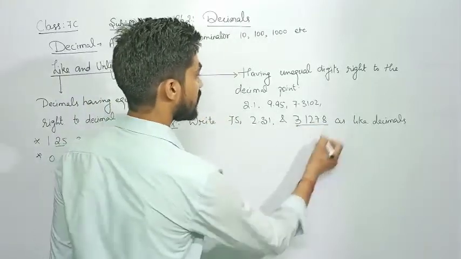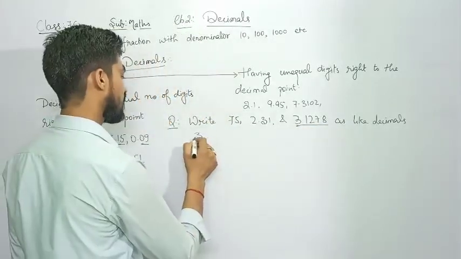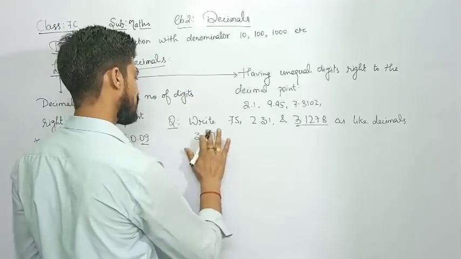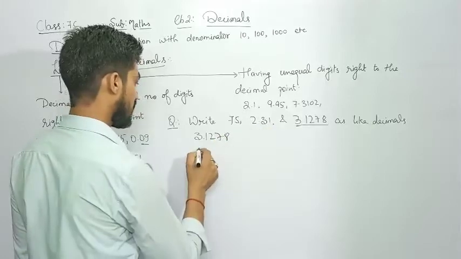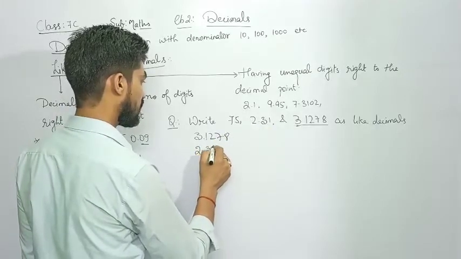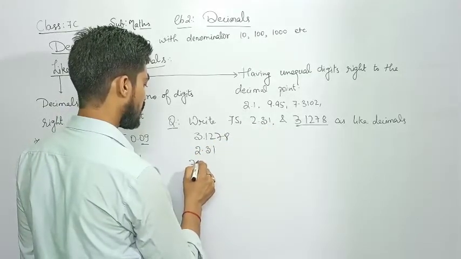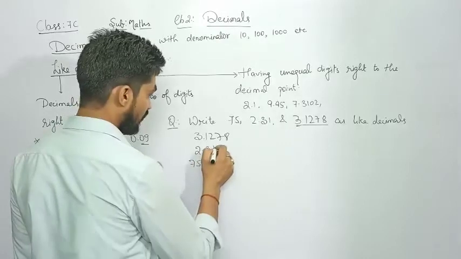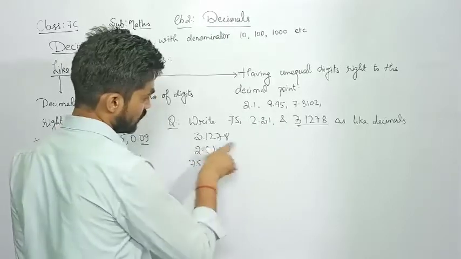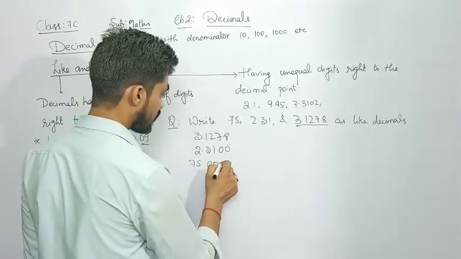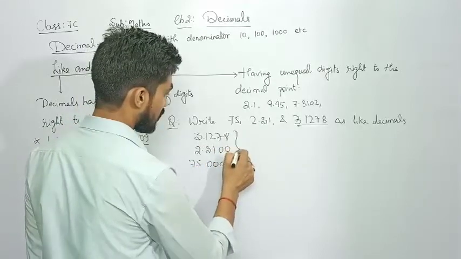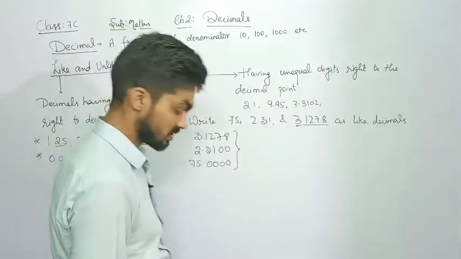So it is 3.1278. So you will write 3.1278, and here 2.31, and here 0.75. So you can write 00 after 2.31 and 00 after 0.75. Now all have 4 digits, and all are like decimals.